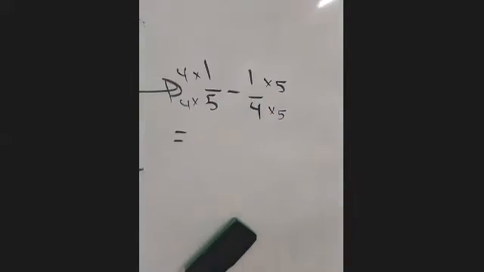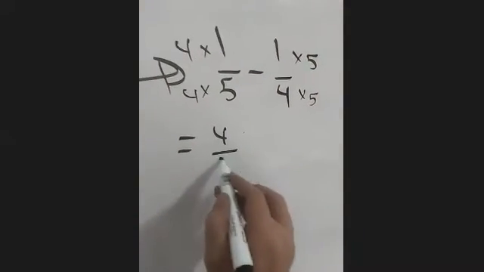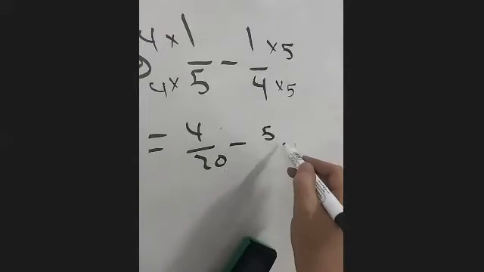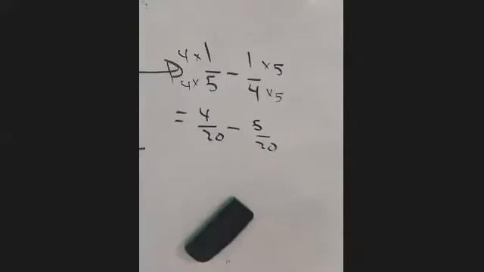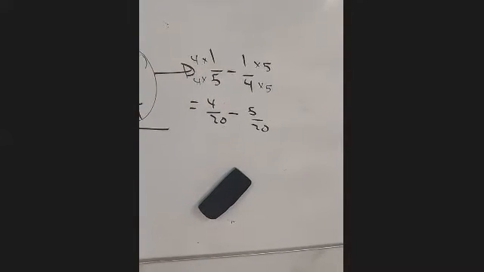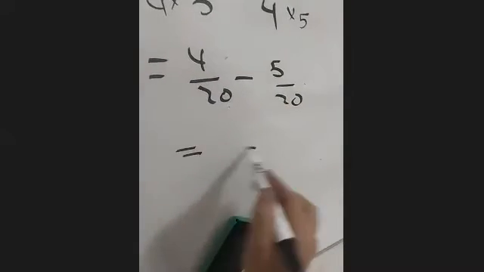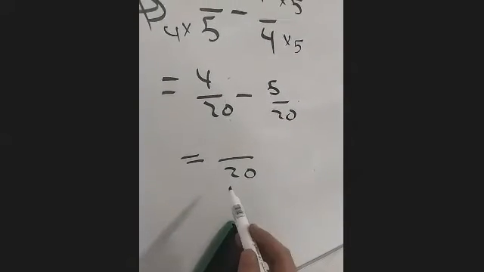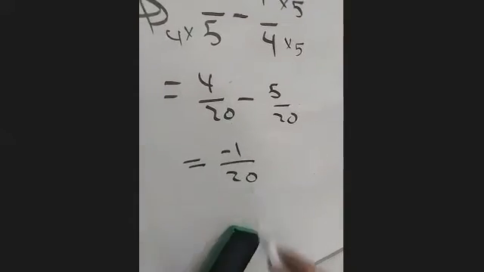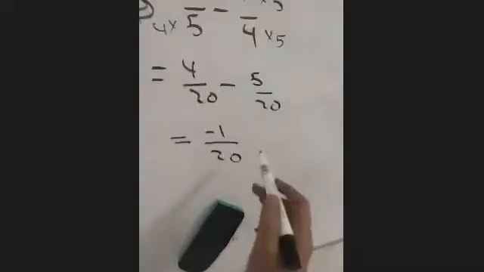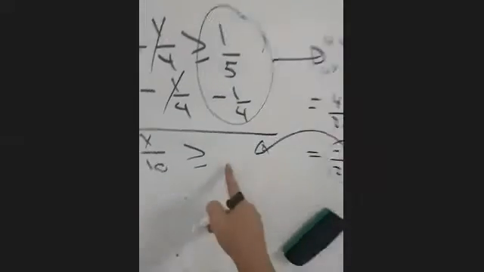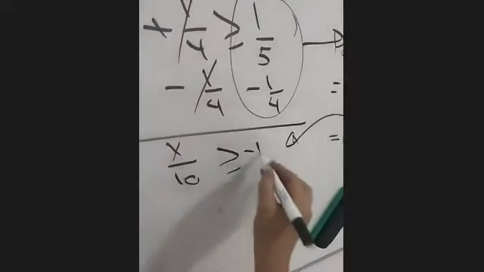It will be 4 over 20 minus 5 over 20. Now 4 minus 5, how much? Negative 1. Good. So I put it here: negative 1 over 20, right?